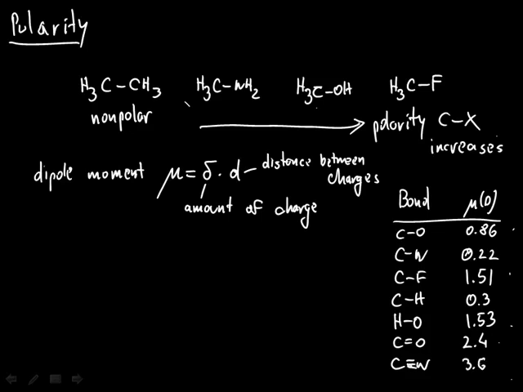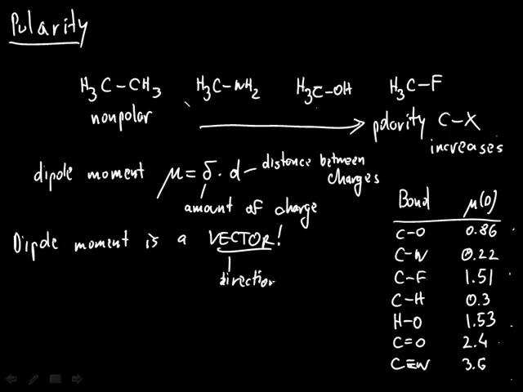An important thing about the dipole moment is it's a vector quantity. And when we say that something is a vector, that means that direction matters. In other words, if we have multiple dipoles, we don't just add their absolute values. We add them having in mind their orientation.